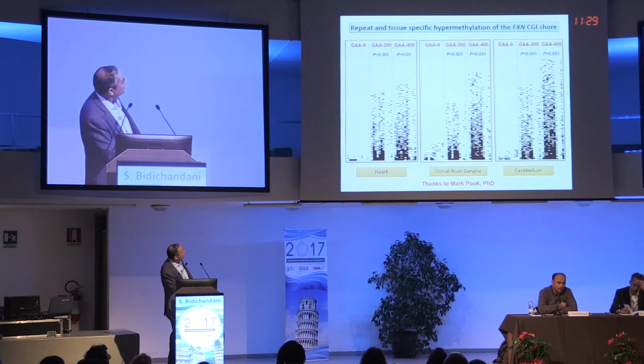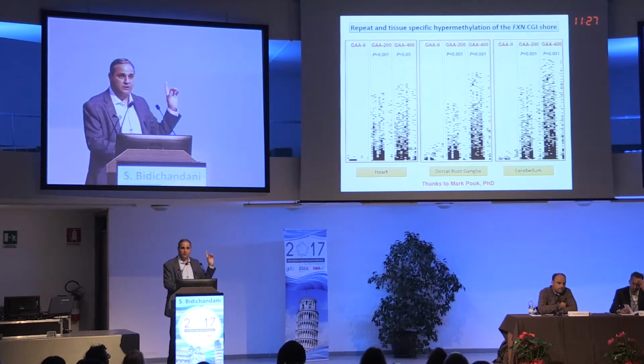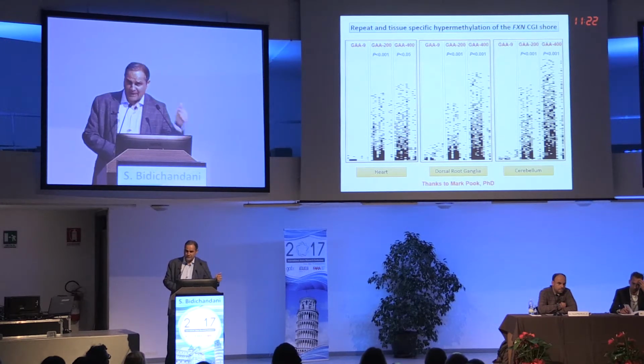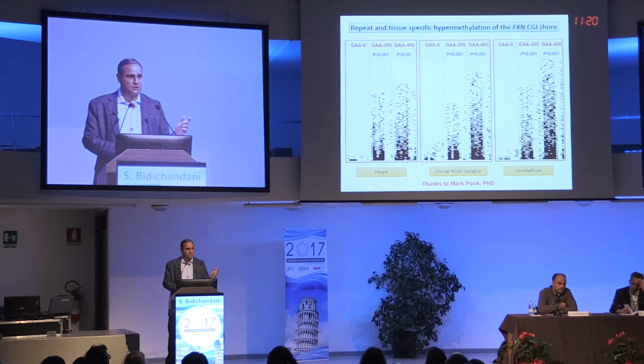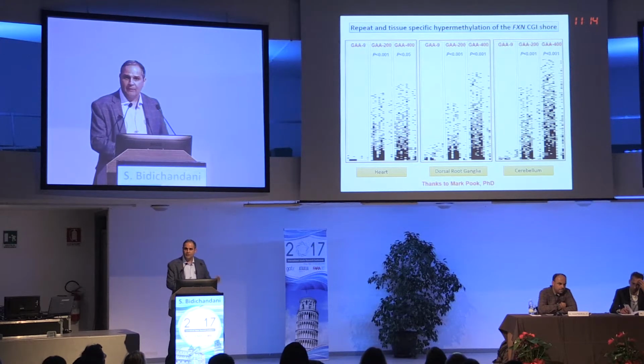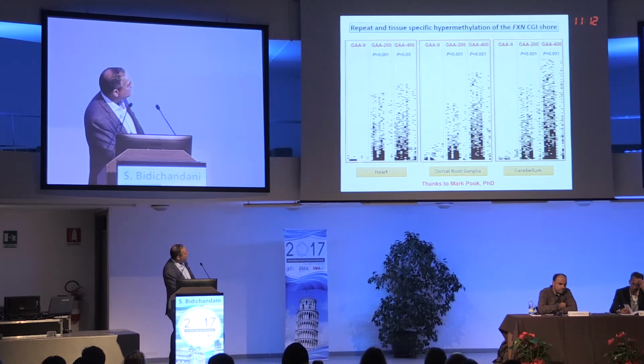But now this is from the humanized mouse model. This mouse is knocked out for the mouse frataxin gene, but has been rescued with the human frataxin gene, carrying either GAA 9, 200, or 400. And what you see here is when you don't have the expansion, you have very little methylation.